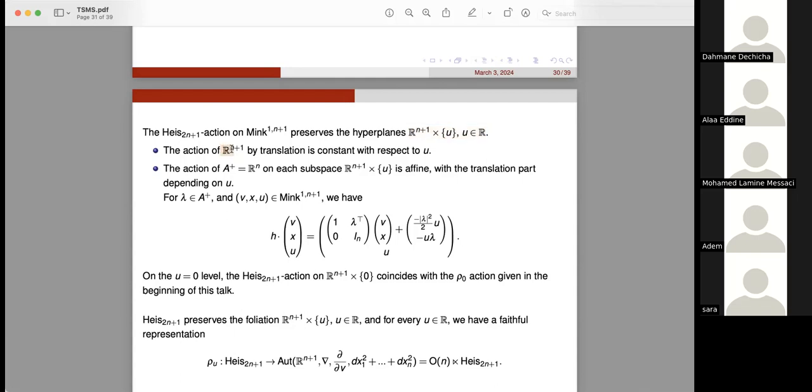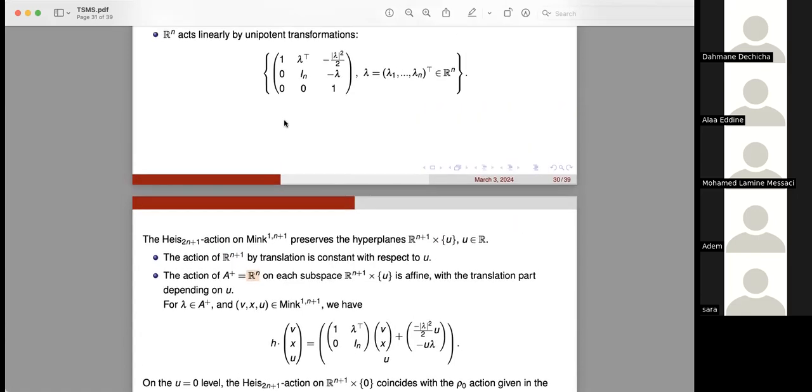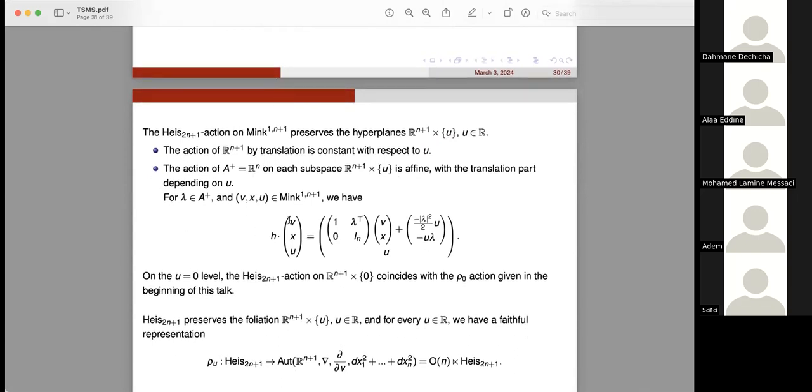The action of R^{n+1}, the translation structure, is constant with respect to U. And the action of R^n, if I let this matrix act on an element (V, x, U) of Minkowski space, I have this, it acts this way. The U coordinate is preserved.